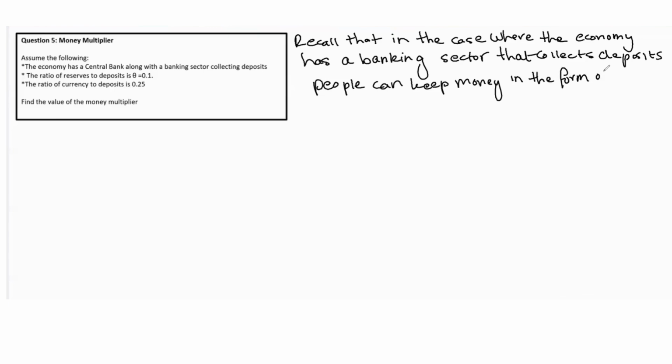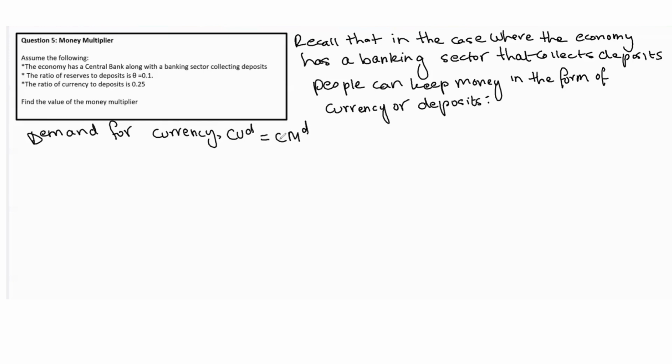Over here, demand for currency, which is CUD, is given as c times MD, where, like we said, small c is what fraction of total money demand is kept in the form of currency.